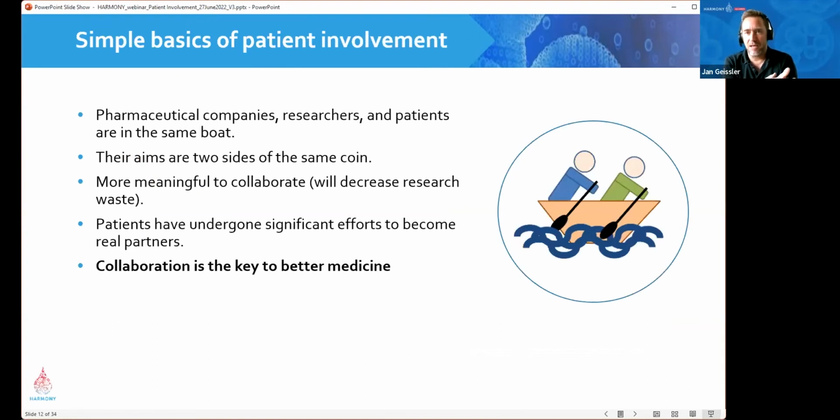I mean, probably I don't need to cover the text, but if you just look at the image on the right, we're all in the same boat. It's not that any stakeholder can do that alone.